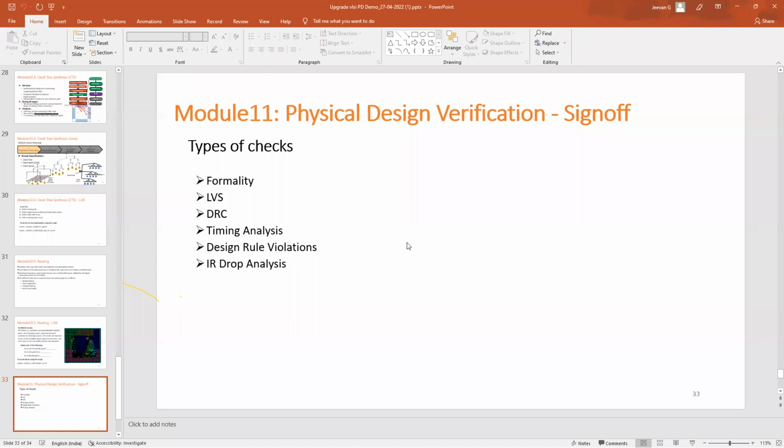After that, we need to do some sanity checks, and these sanity checks are performed by a physical verification engineer. So from floor plan to route, a physical design engineer performs, and after route, every sanity check is performed by a physical verification engineer.